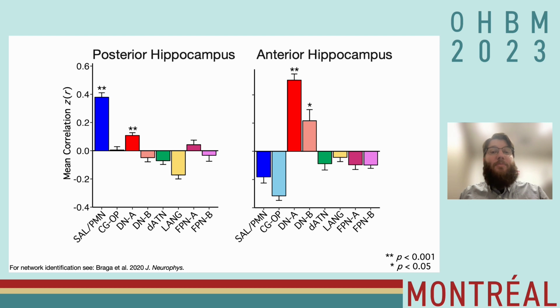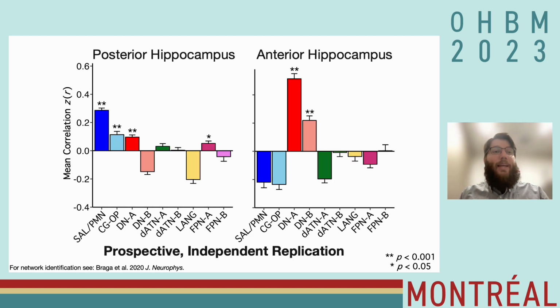And next, when we performed this same analysis in our replication data, we replicated this main finding. You might notice that the overall pattern of correlations from the posterior hippocampus is slightly different, but it's still preferentially correlated with SALPMN, while the anterior hippocampus continues to be preferentially correlated with DNA. So with these data verifying our two hippocampal regions' differential functional connectivity, we next explored their function.